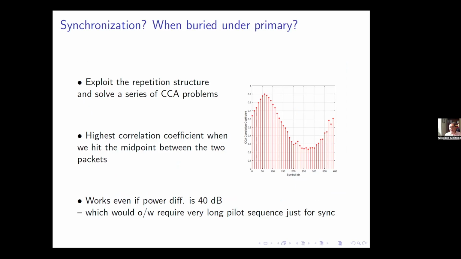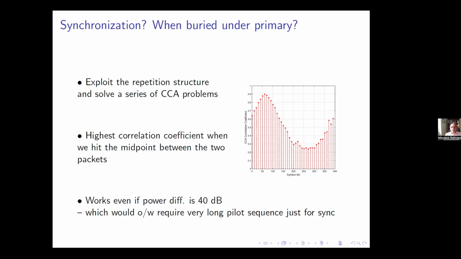Now, if you are a communications engineer, you know that the toughest problem in this context, especially when you are trying to decode a signal that is 30, 40 dB below the primary interference, the Achilles heel of any communication system in this regime is synchronization. How can you do it when you're really buried under the primary interferer?